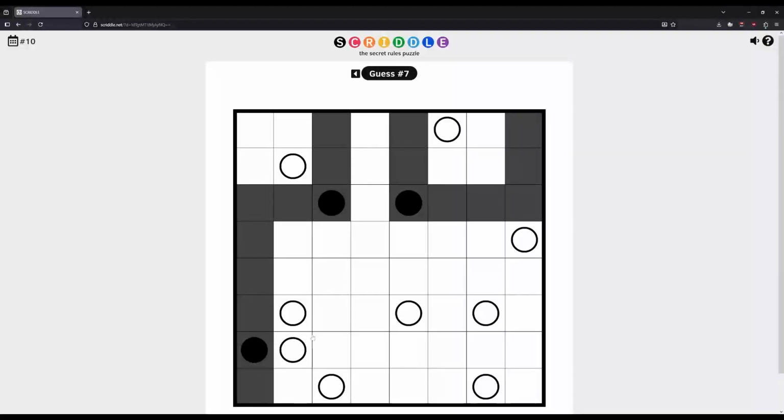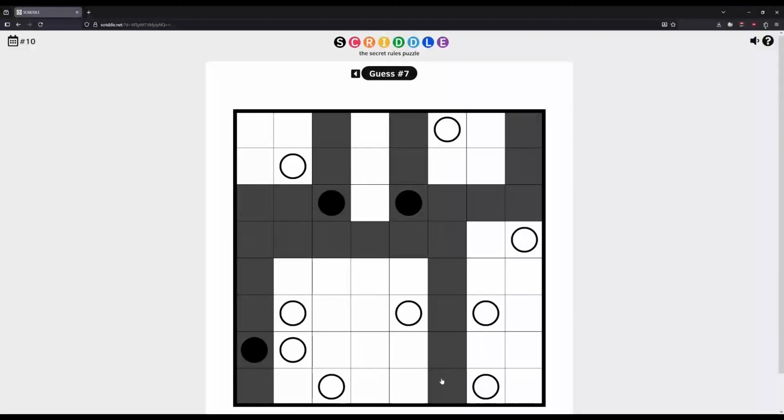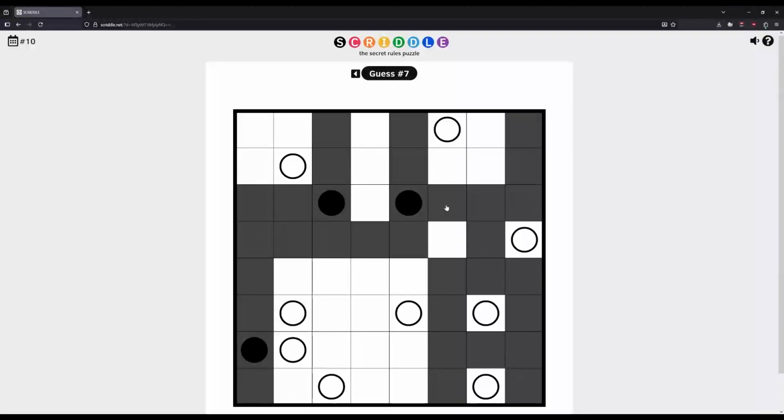This can't be a 3x3. It can't be a 2x2. This has to be a 4x4. It could be a 5x. No, it can't be a 5x5. This is also fine though.